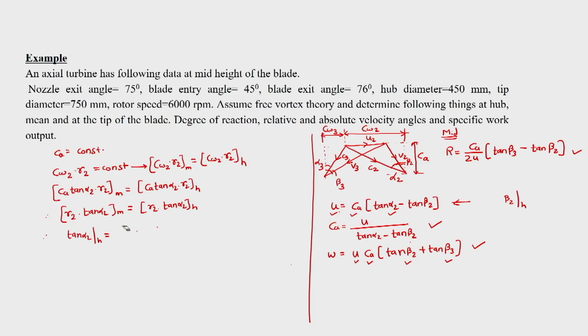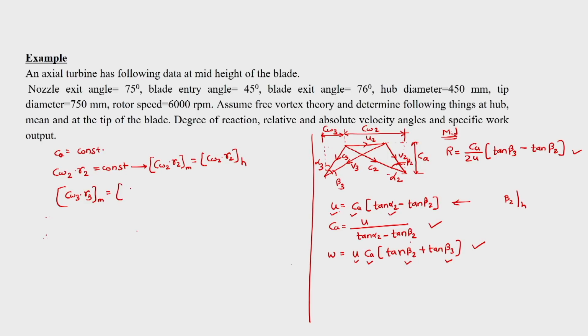So CW3 into R3 at mid is equal to CW3 into R3 at hub. So at hub we know that, okay, so this is one thing.